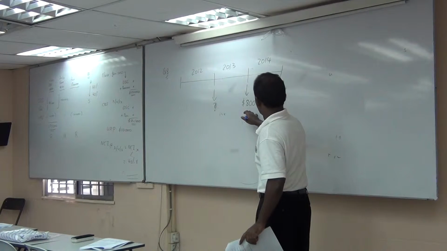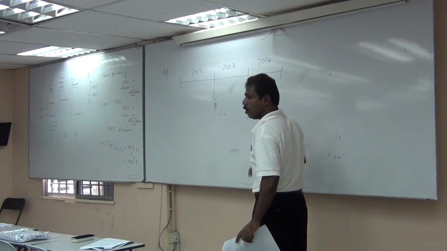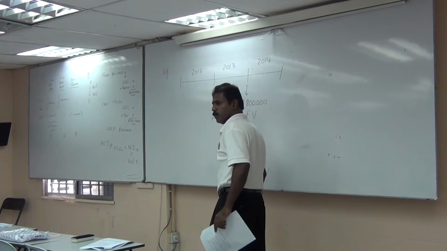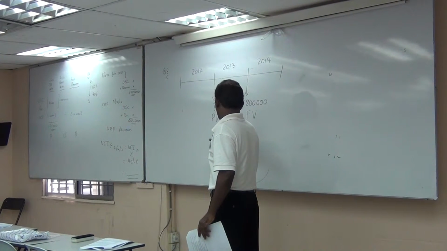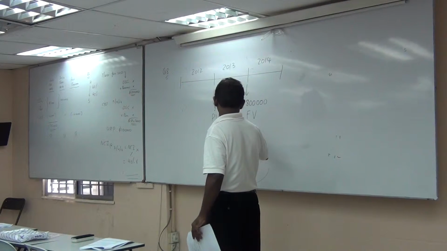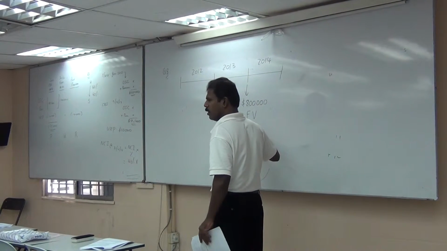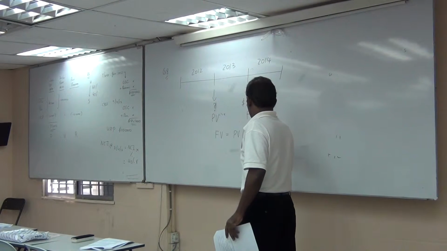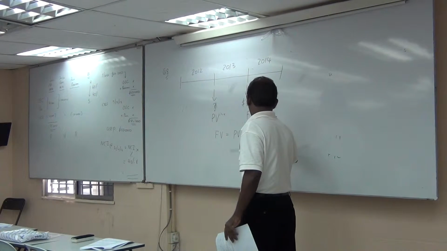So this is what value? Future value. This is what value? Present value. So how to calculate future value? Future value equals to present value, there are 1 minus or plus? Plus. Okay, ready? 1 plus.